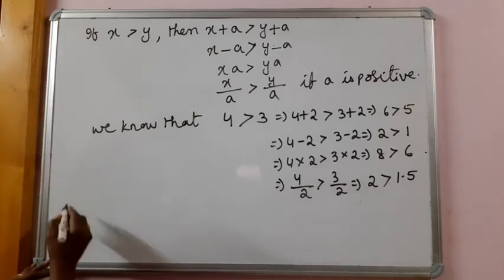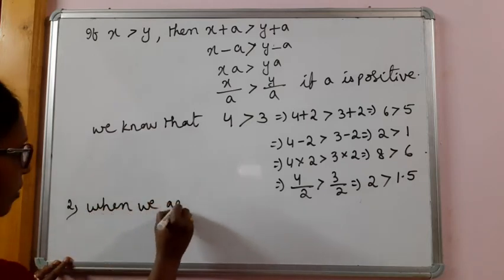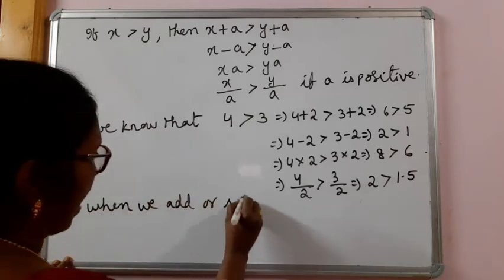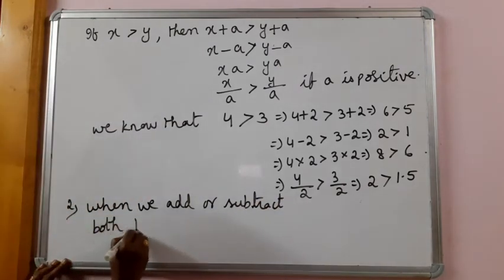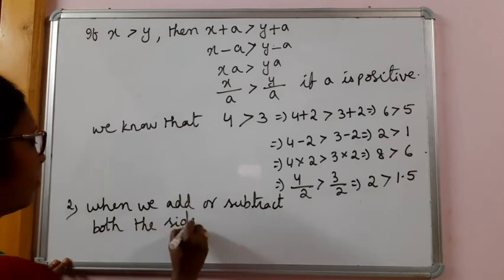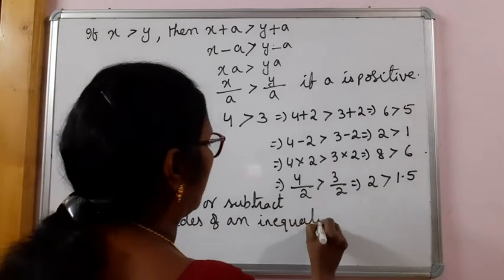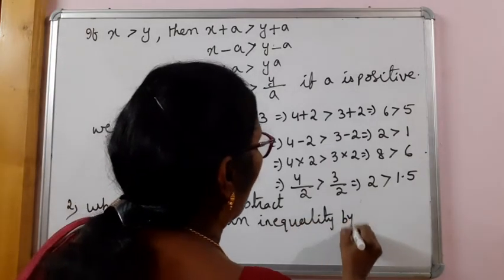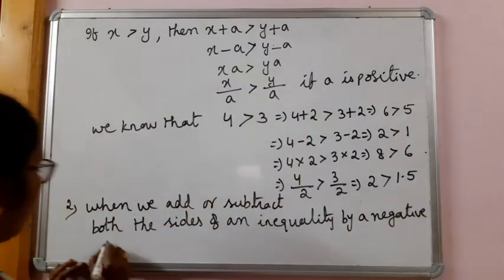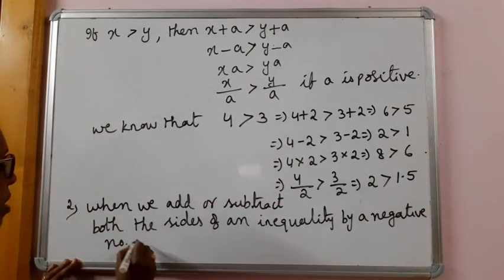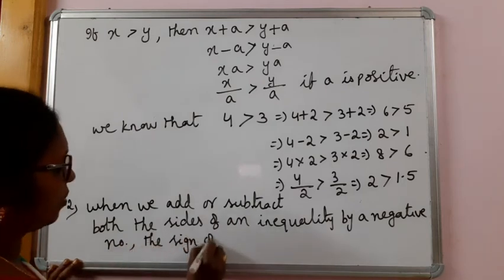Let me give you here second property. When we add or subtract both the sides of an inequality by a negative number, the sign of inequality does not change.